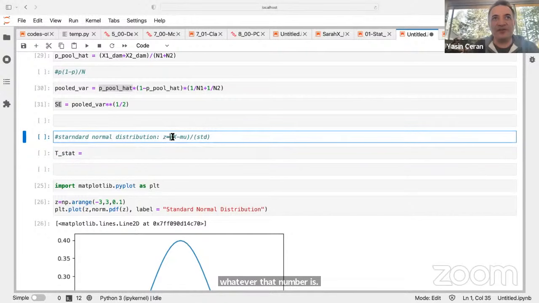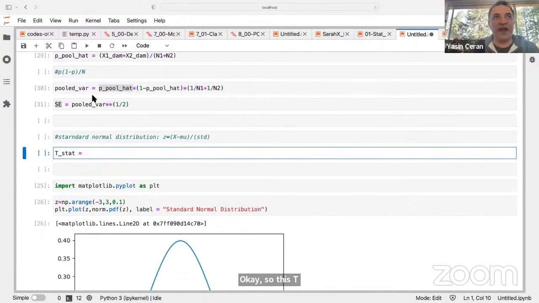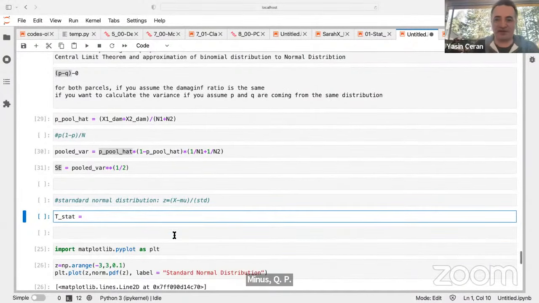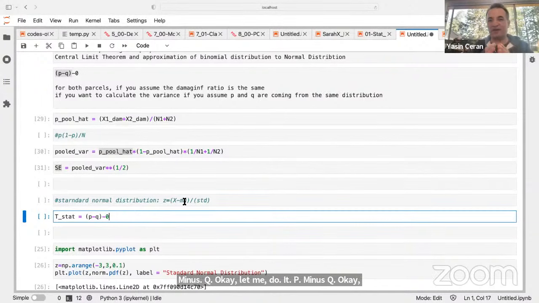So instead of X, I'll be putting P minus Q. Instead of mu, I'll be putting 0, because mu is what we normally assume the sample is distributed according to.